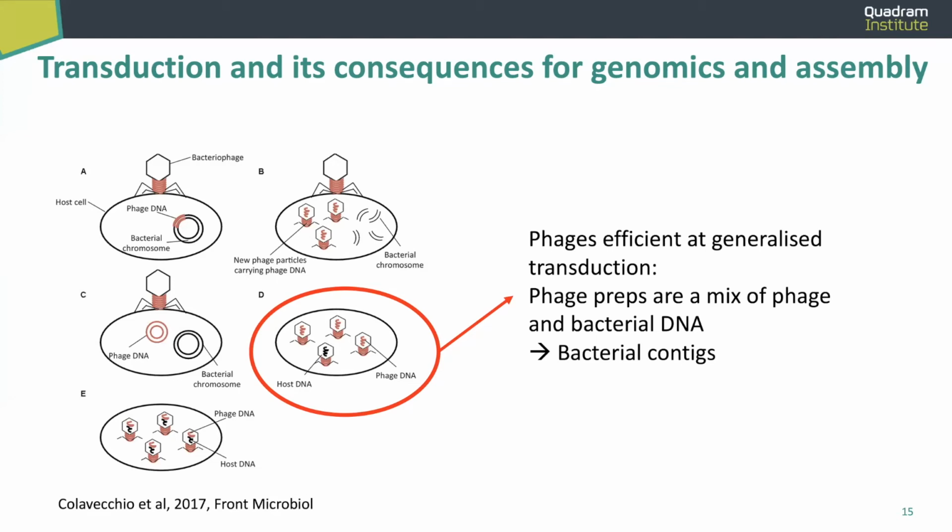That doesn't mean that you've worked in a contaminated way. That's just inherent to this particular phage, but we don't know that beforehand. So I always say, don't be put off by having bacterial contigs in your assembly.